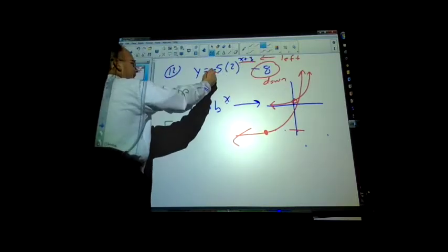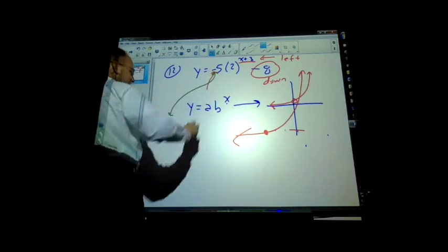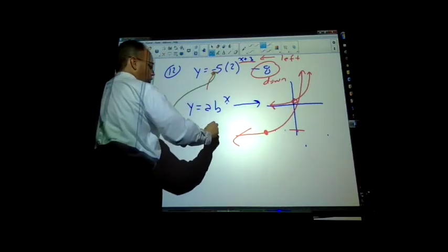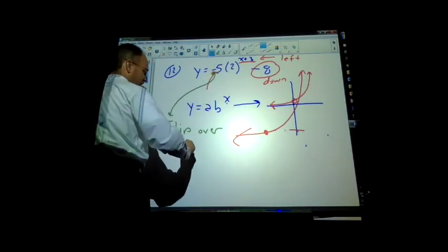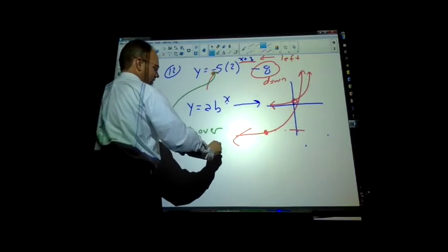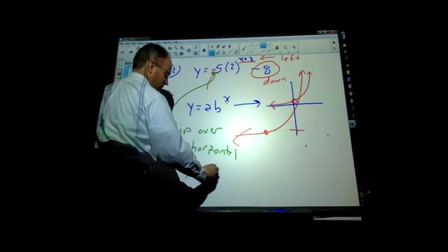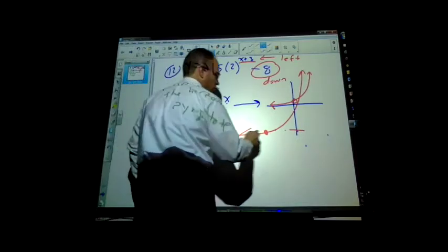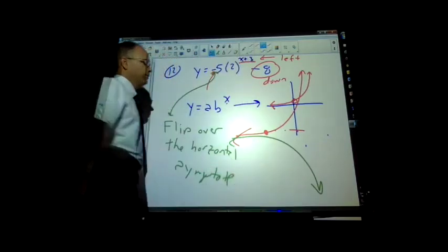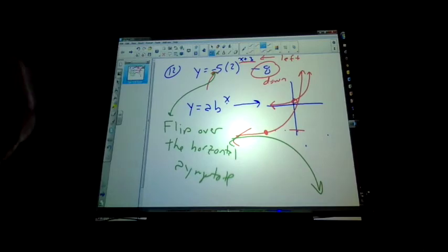Okay, this is going to flip over the horizontal asymptote. So it's going to do like that. Okay? So I'd say you probably see that kind of problem.